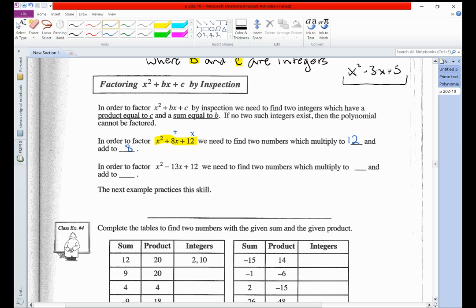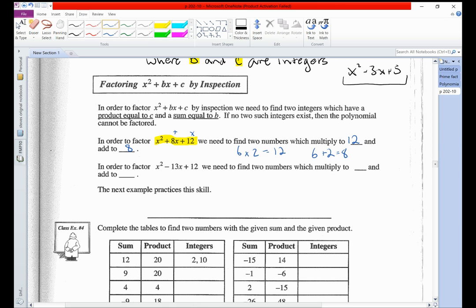So what are two numbers that multiply to 12 and add to 8? Well, how about 6 times 2? 6 times 2 is 12, and 6 plus 2 is 8. Cool. If you can do that, then you're totally good, and I'm going to show you what we're going to do with that in a second.